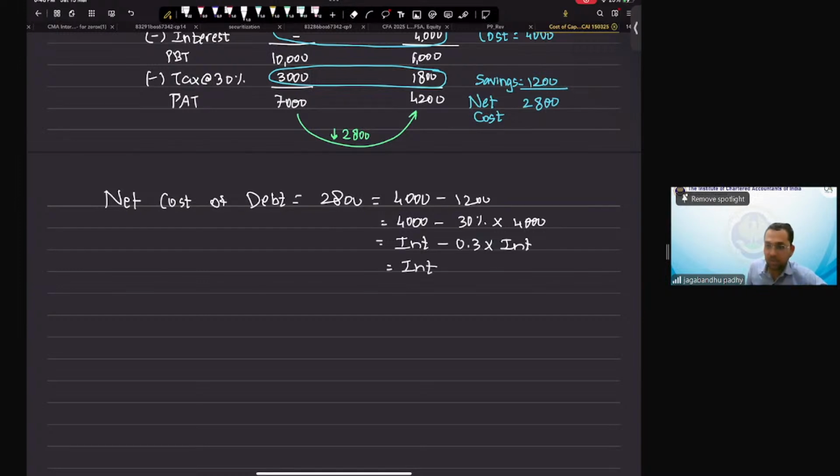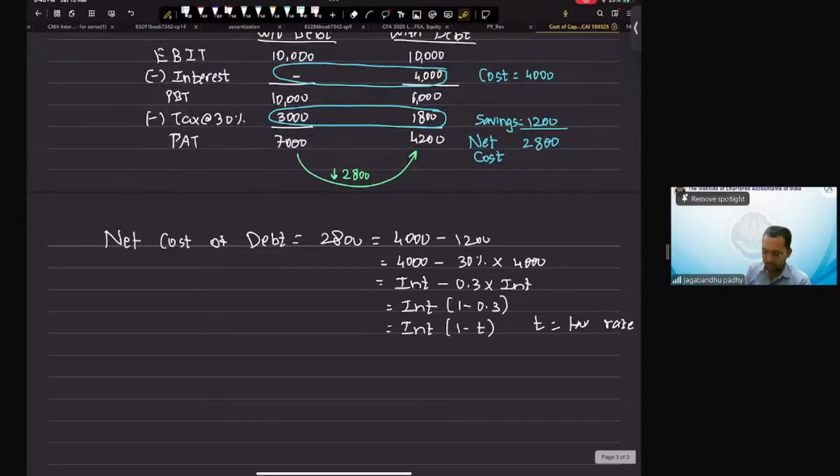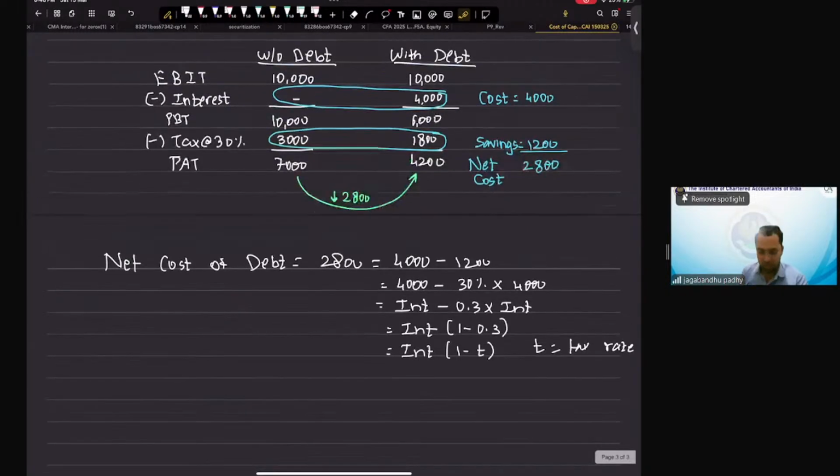If you take interest common outside, it's interest into 1 minus 0.3. So the net cost of debt is interest into 1 minus t, where t is the tax rate.